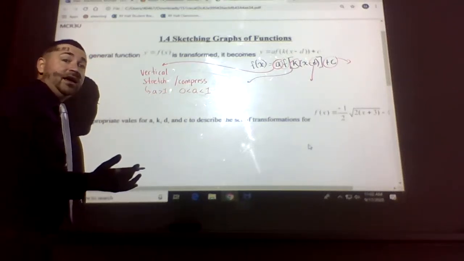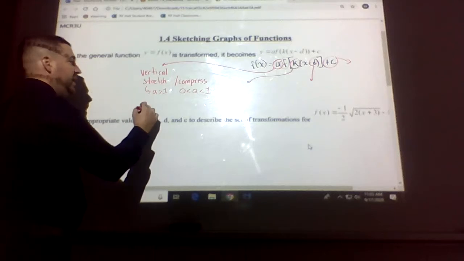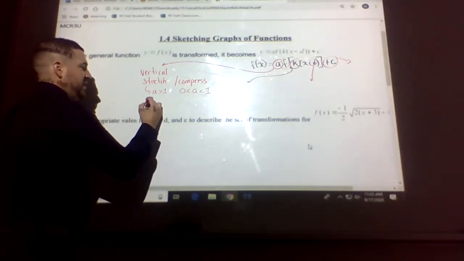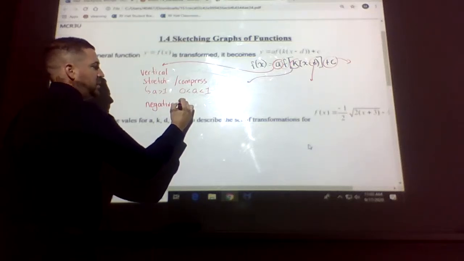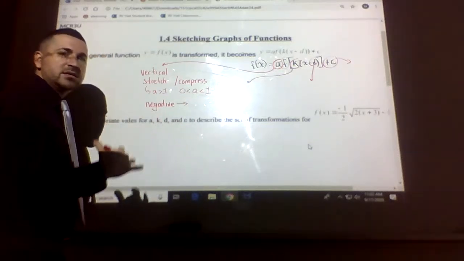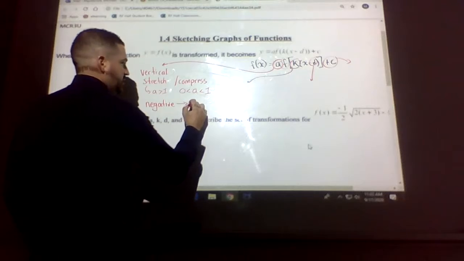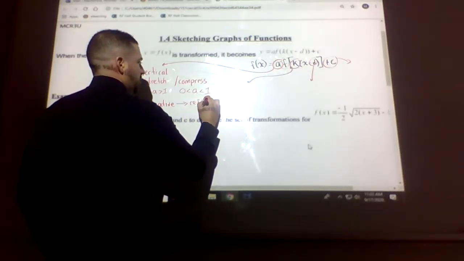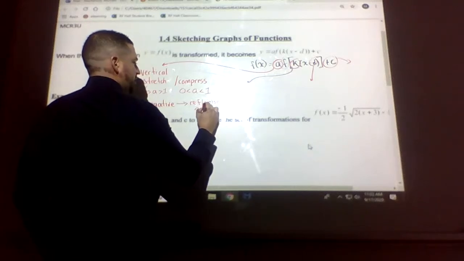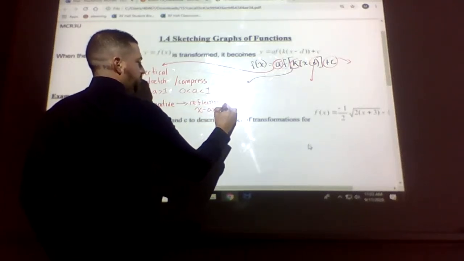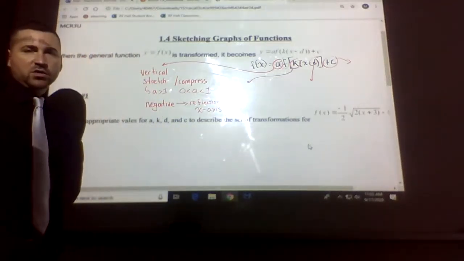Now we add, say, a negative to it. If we have a negative value, it reflects the graph over the x-axis. So it's a reflection over the x-axis.